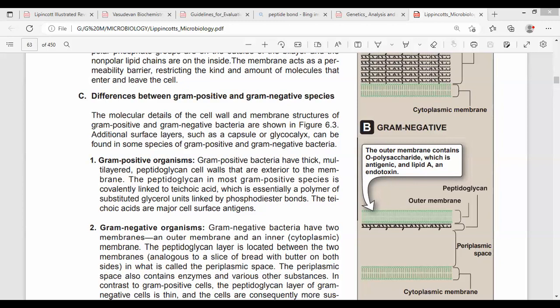My internet is misbehaving, but teichoic acid is anchored onto the peptidoglycan layer. But lipoteichoic acid is anchored onto the cell membrane where we have our lipids. Let me project this for clarity.